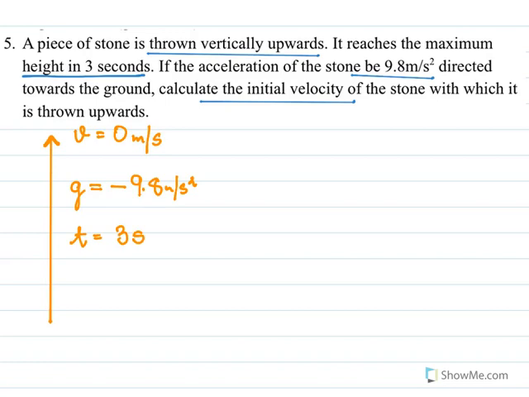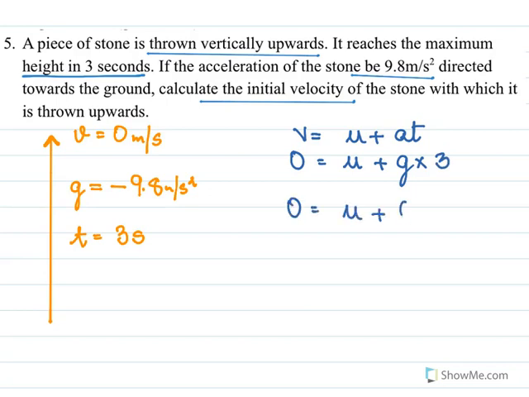So for this sum we use the equation V equal to U plus AT. Now we know V is 0, the final velocity. The U we need to find. The A is the acceleration due to gravity, and the time is given as 3. So this is U, and now we are going to take minus 9.8 because it is retardation.